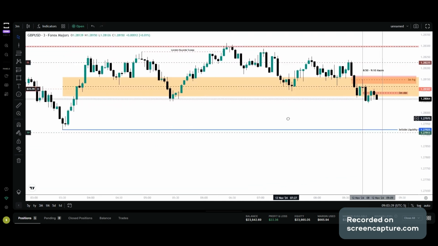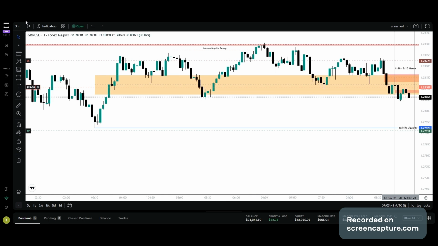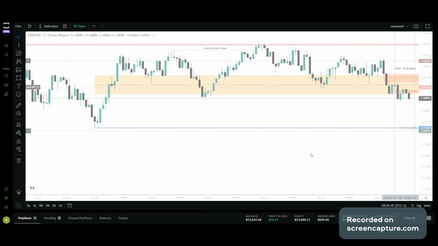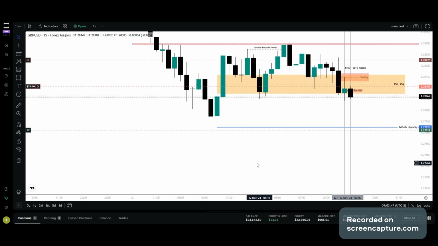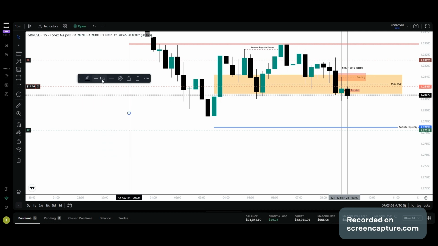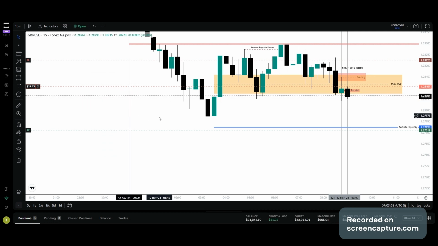Okay. And I'll delineate time. Let's go to the 15 minute. Okay, so this vertical line that I'm drawing now, and I'll make it black and make it a little thicker.